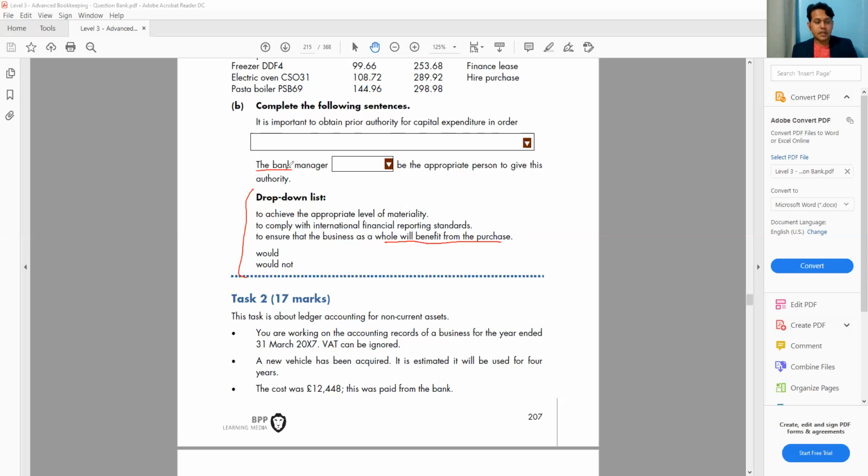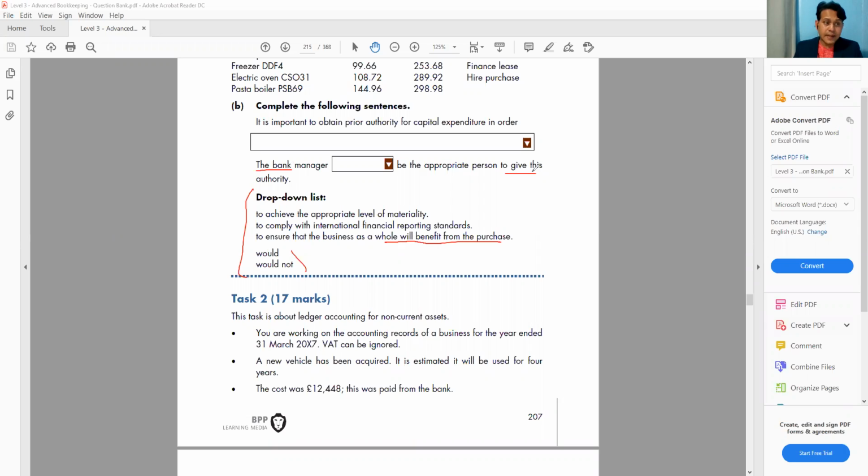The next point we have here is the bank manager. The bank manager would or would not be the appropriate person to give the authority. Do you think the bank manager can approve whether to buy this capital expenditure or not?